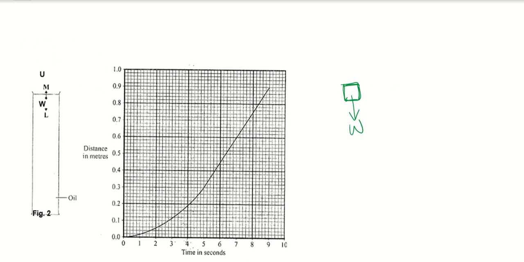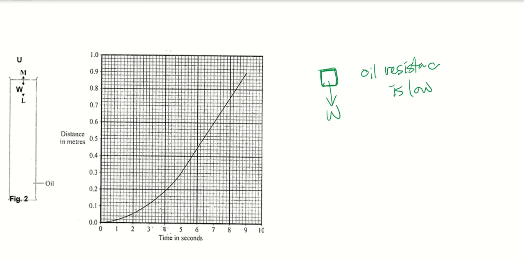So at first, when it first falls, the oil resistance is low. Oil resistance is low, so the upward force is low.